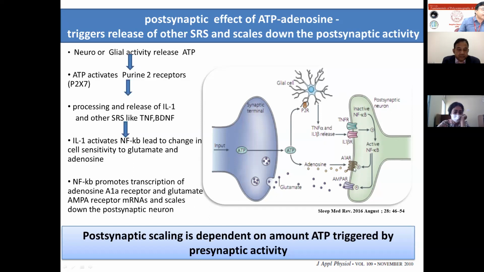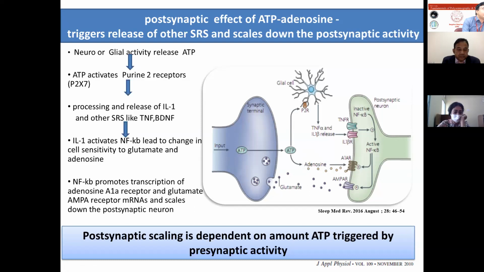So when there is more postsynaptic expression of the A1 receptor in the postsynaptic terminal, whatever adenosine gets accumulated in the extracellular space acts on A1, and when adenosine binds to A1, it again activates the potassium conduction at the postsynaptic terminal.